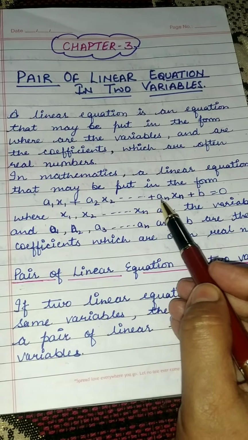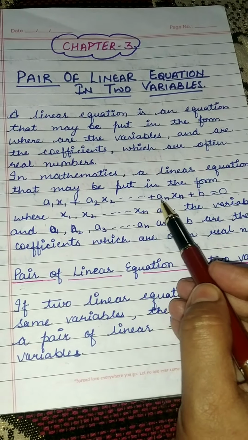Now, pair of linear equations in two variables. Pair means we need a set of two. If two linear equations have two same variables, they are called a pair of linear equations in two variables. For example, one equation I have written here, I can write the next one.